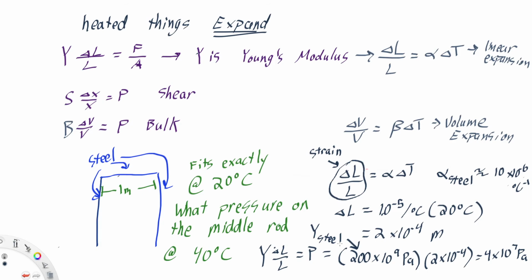A 20 degree rise in temperature ends up causing 40 atmospheres of pressure on this steel bar. All right. Questions or comments?